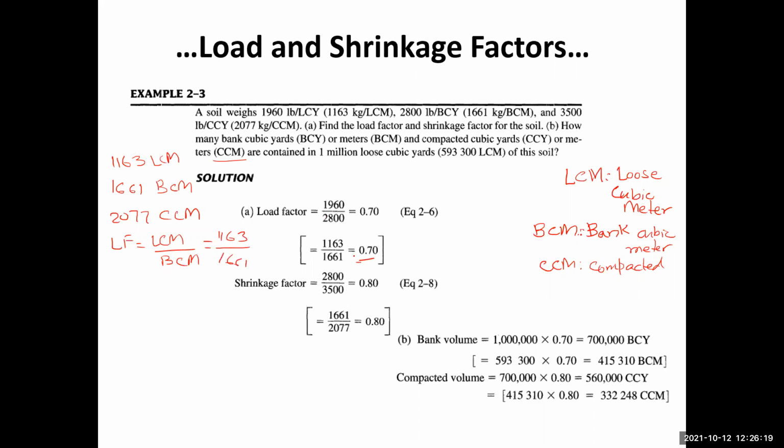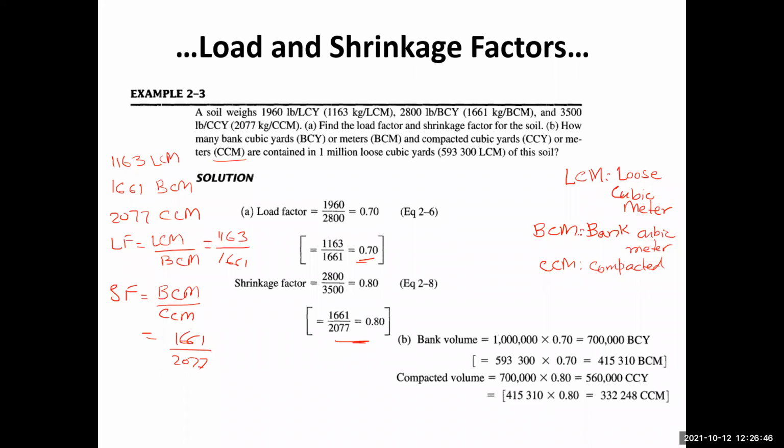So it is 0.7. And then for the shrinkage factor, we go from bank to compacted. So the shrinkage factor is 1661 divided by 2077, so it is 0.8. So this is how we can calculate the shrinkage factor and the load factor.